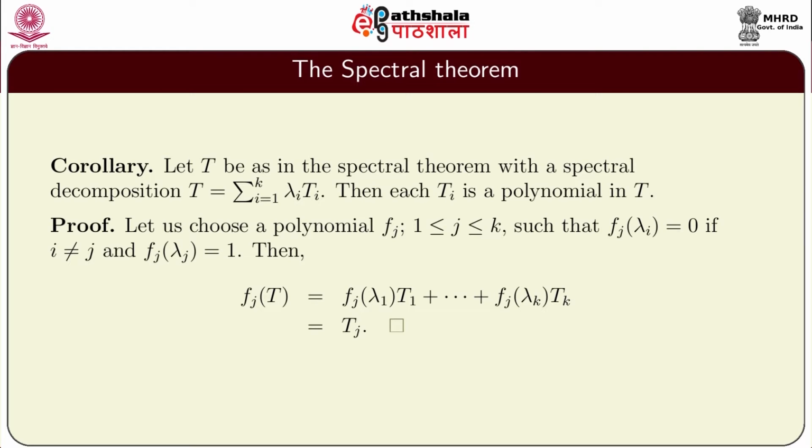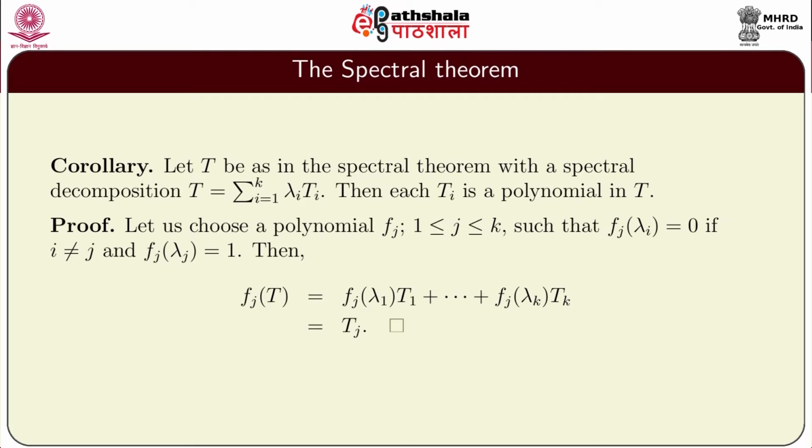Proof: let us choose a polynomial fj for every j in between 1 and k such that fj of lambda i is 0 if i is not equal to j, and fj of lambda j is equal to 1.